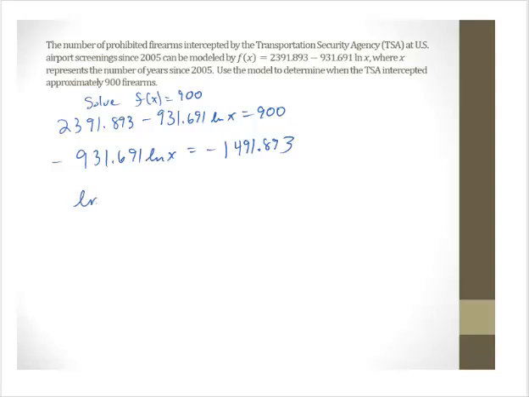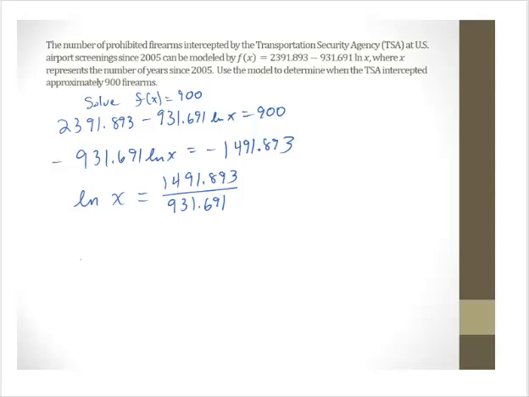I will isolate the natural log of x by dividing. So the natural log of x would be, and a negative divided by a negative is positive, 1,491.893 over 931.691. So that's the natural log.